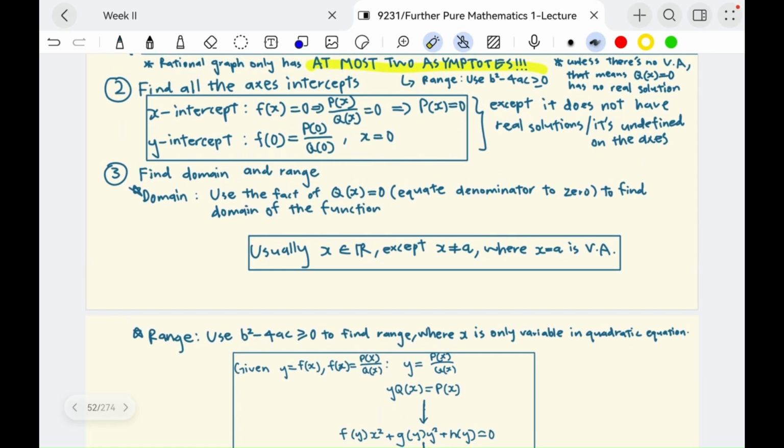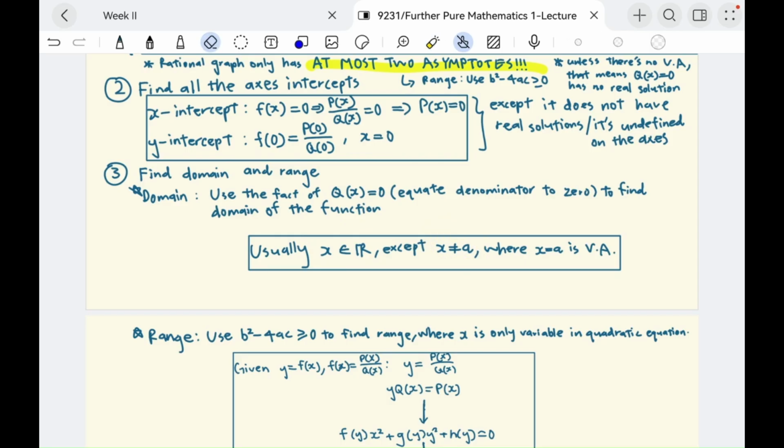Okay. Find the domain and the range. So what is the tactic to look for the domain? You have to use the fact that Qx equals to 0, or equate the denominator function to 0, to find the domain of the function. So usually for the rational function, x belongs to all real numbers except x equals to a.